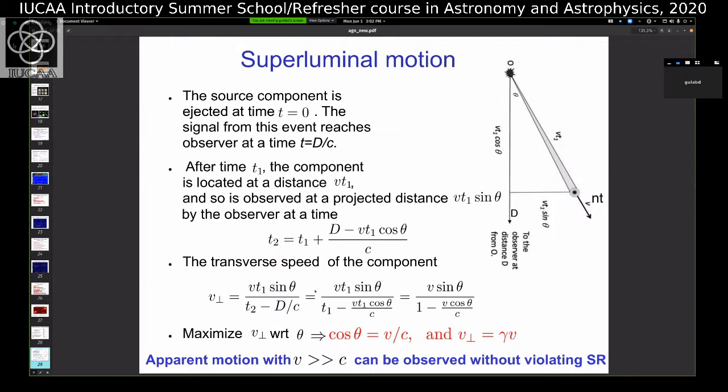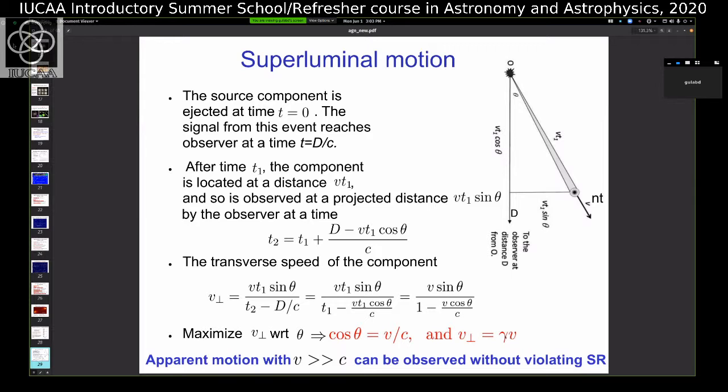If you do a little bit of algebra, you will see this transverse speed is given by v sine theta divided by 1 minus v cos theta by c. One can maximize this transverse speed with respect to theta, and you will get cos theta equal to v by c, and v perpendicular, the transverse speed, is the Lorentz factor times v, where v can be very large but below the speed of light.